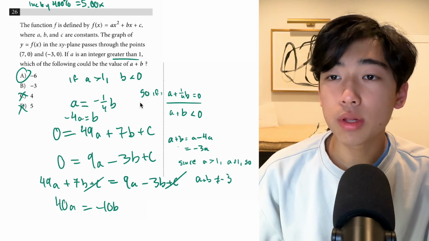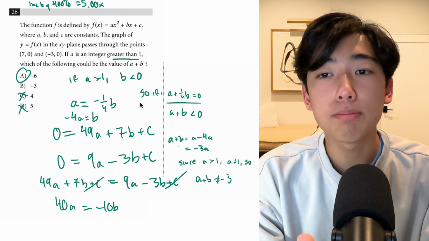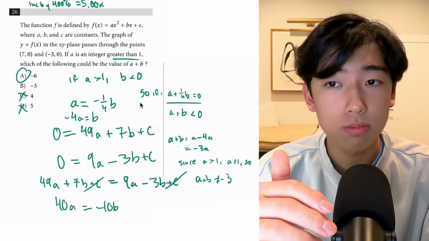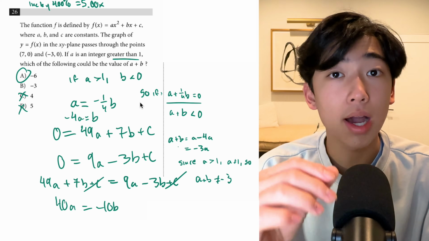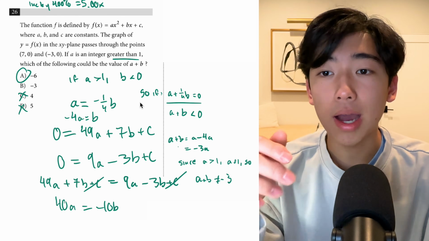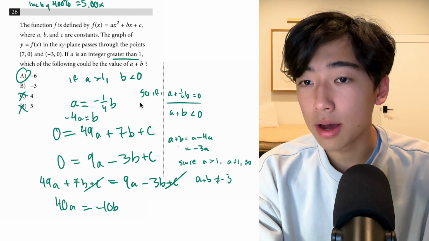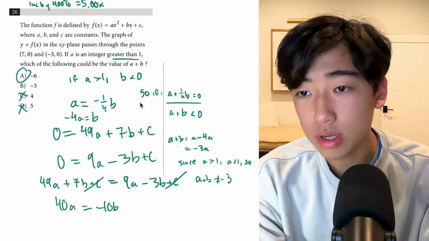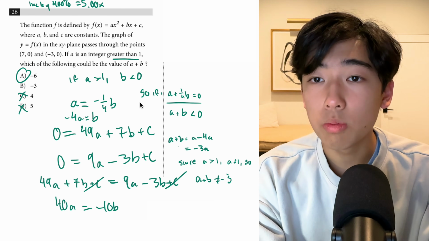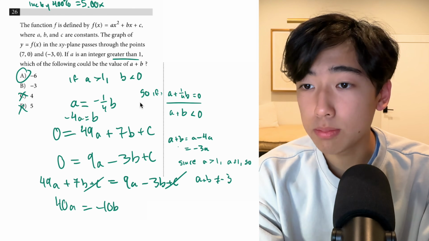That means a plus b is just equal to a minus 4a, which is minus 3a. So we want to find out what could be a plus b.